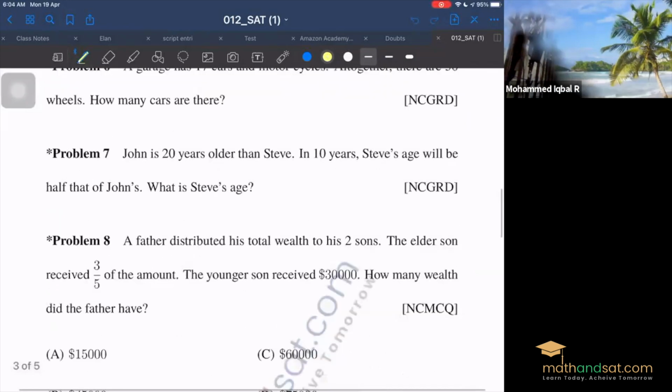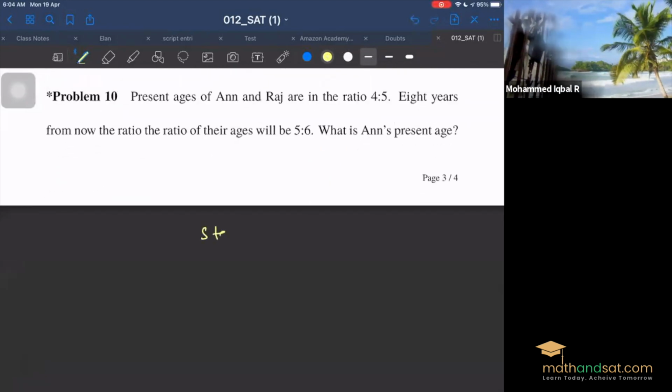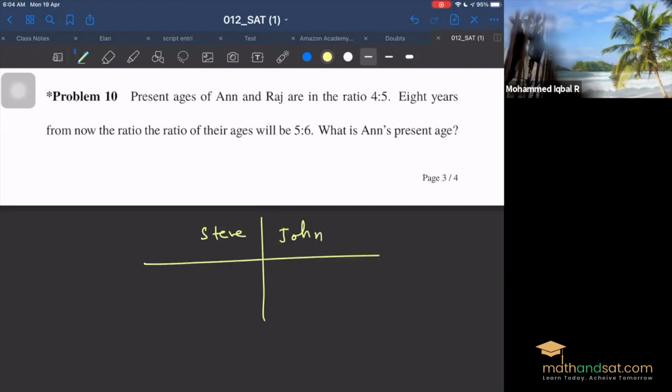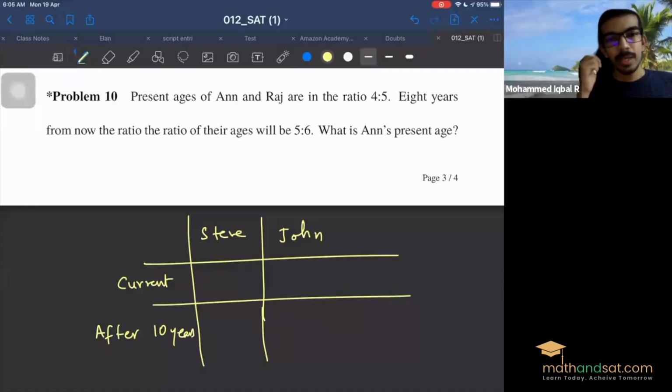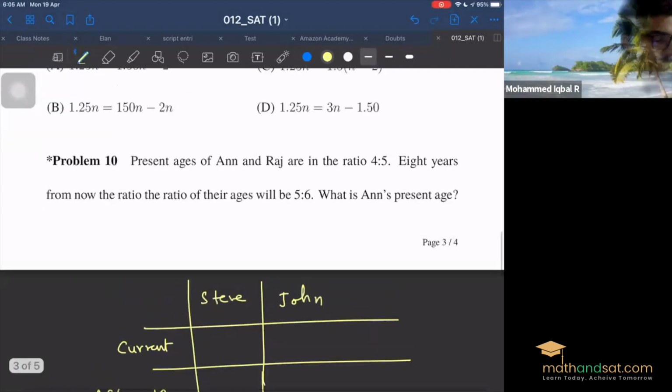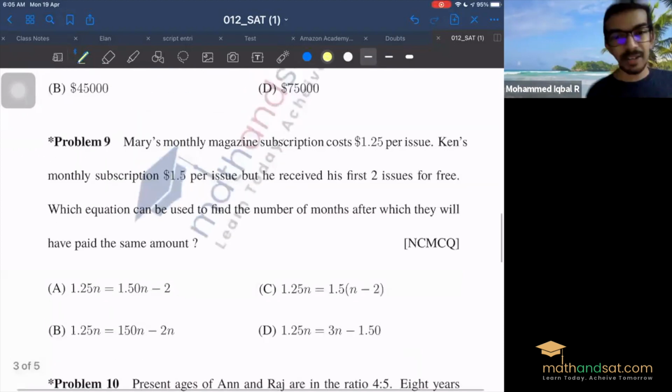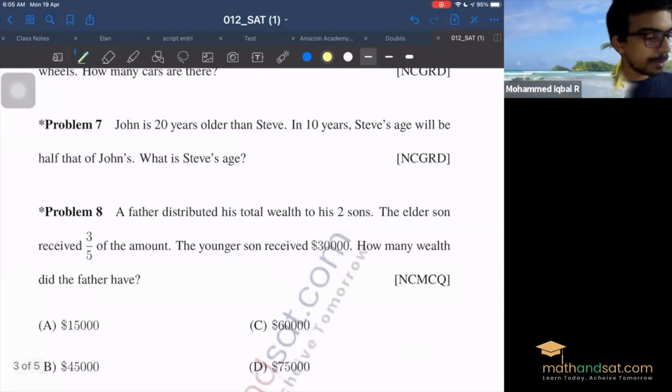So we have Steve and John. And then there is current age and after 10 years. Okay, I just quickly made a table. Now let's plug in the information that we have in the question into this table.